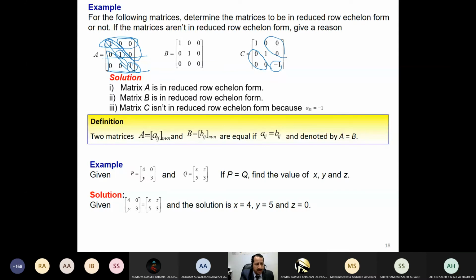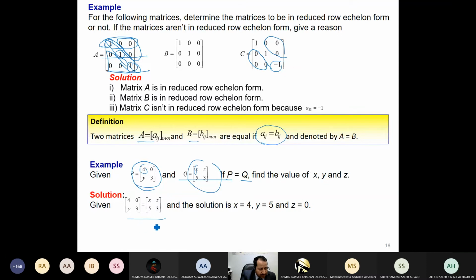Now, one more point before I go to the exercises. If I have 2 matrices A and B, then we will say that A equals B only if each element equals the same element in the same place in the other matrix. As an example, here P, which is this matrix, equals Q, which is this matrix.